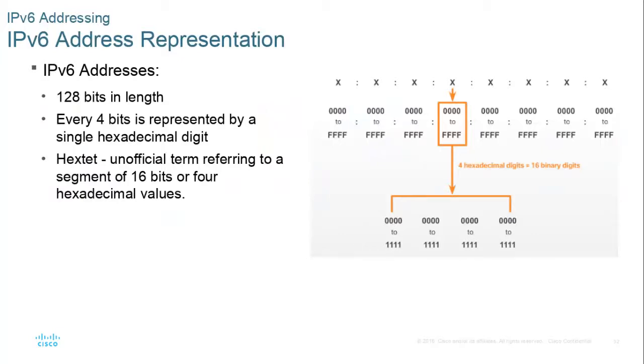So IP version 6 addresses, instead of being 32 bits in length, are 128 bits in length. And so instead of using dotted decimal, we're going to use hexadecimal, which is a base 16 system. This is the same scheme we used for MAC addresses.